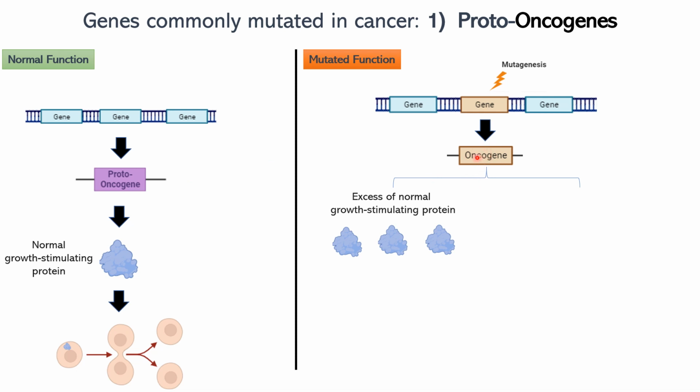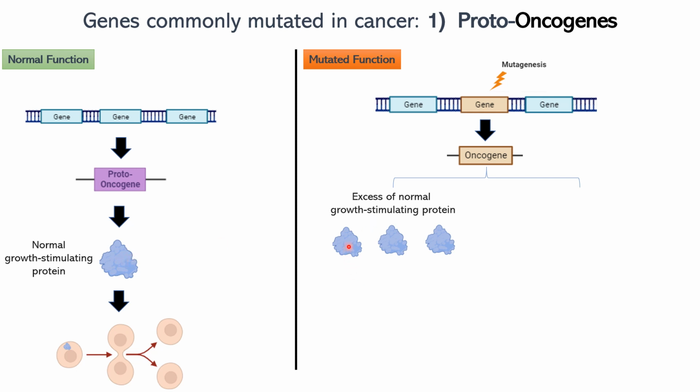Okay, so once the gene becomes an oncogene, there are two main possibilities that might occur. The first is that this mutation or DNA damage will increase the rate of protein production. In normal conditions, this protein stimulates growth, but it's produced at very regular and regulated levels.